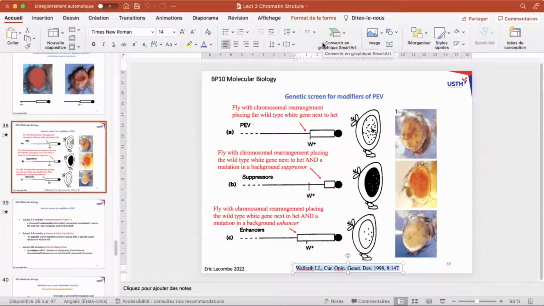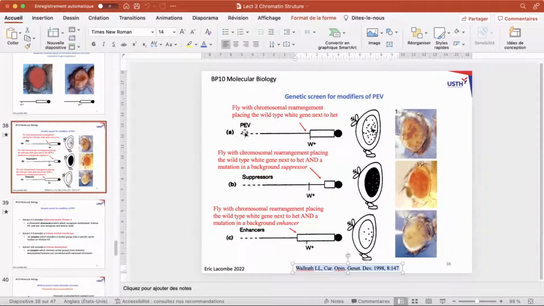It means that the gene that has been affected by the mutation is not an enhancer, it is a suppressor. Do you understand? I will repeat because it's quite tricky with the words. It's important that you understand, so we can go a little bit faster for the rest of the lecture.